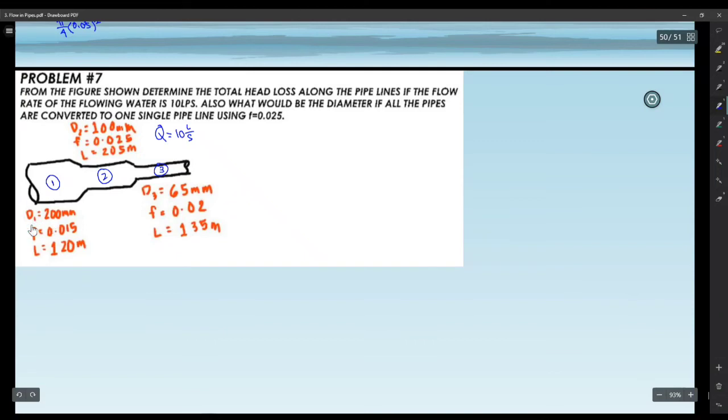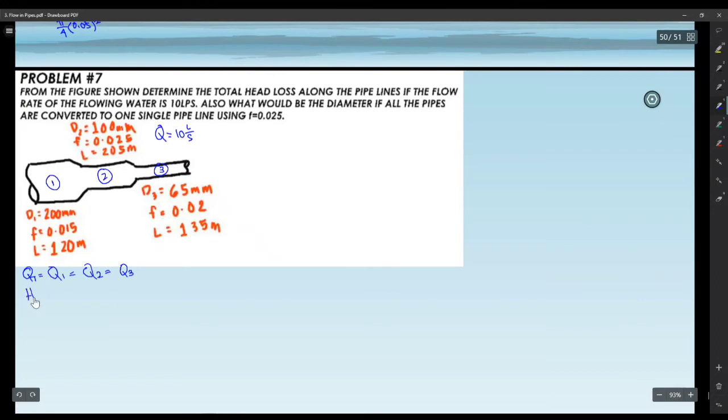For section 1, this is the diameter, this is the friction factor, and this is the length. It's the same for section 2 and section 3. Since it is a series connection, we know that your total flow rate is equal to the flow rate in 1, also in section 2, and also in section 3. So, there is only one flow rate flowing there.